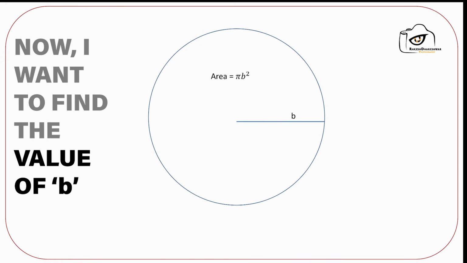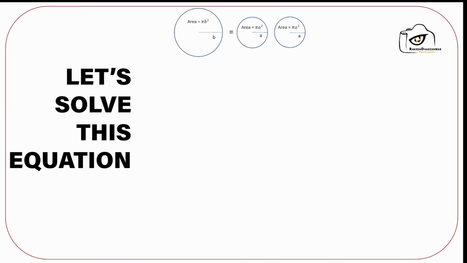Now let's call the radius of this bigger opening b. So the new area is pi into b square. Now because I want the bigger opening to have the same area as those 2 small openings, the formula is pi into b square is equal to 2 into pi into a square. So now let's solve this equation. Pi b square is equal to 2 pi a square.